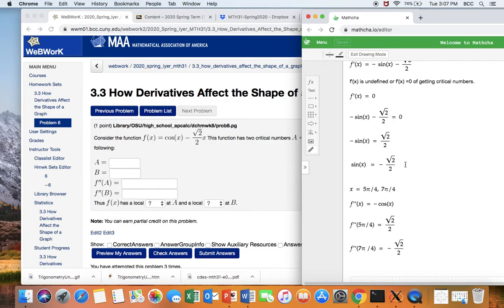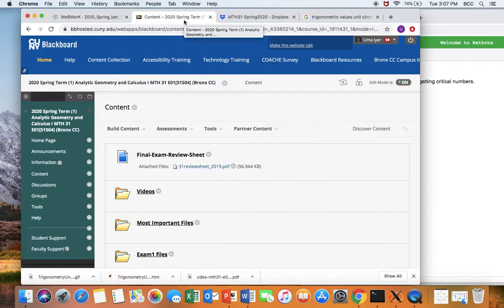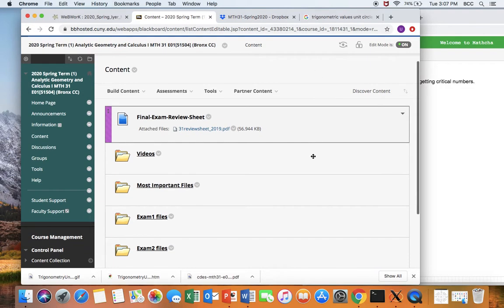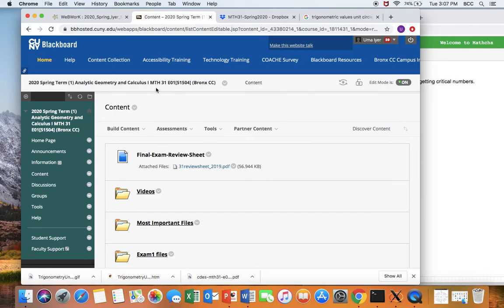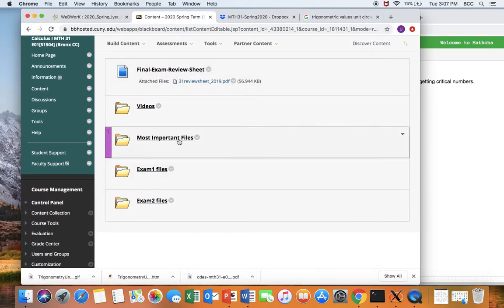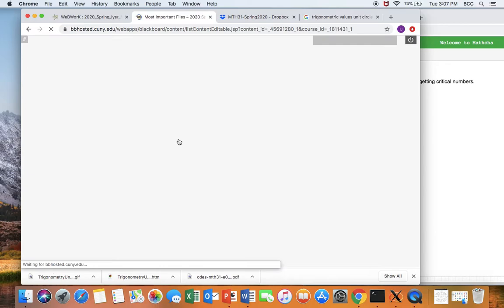You need to be very knowledgeable about the trigonometric unit circle, the trigonometric values on the unit circle. When you go to your contents on Blackboard, our course on Blackboard, there is a folder called most important files. Go there.